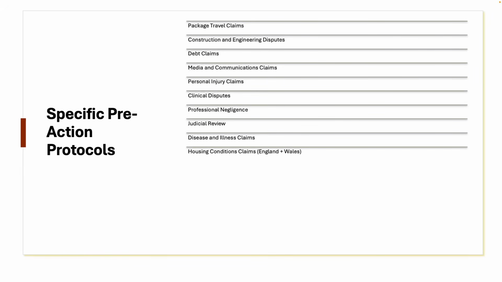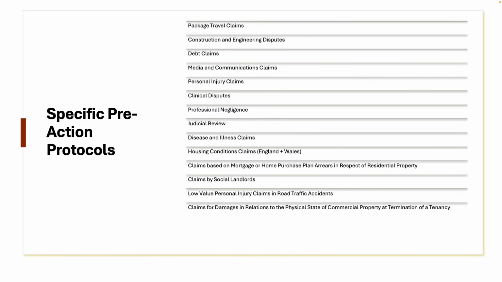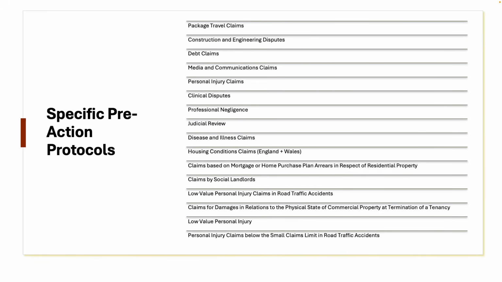Disease and illness claims, housing conditions claims specific to England and Wales, claims based on mortgage or home purchase plan arrears in respect of residential property, claims by social landlords, low-value personal injury claims in road traffic accidents, claims for damages in relation to the physical state of a commercial property at termination of a tenancy, low-value personal injury claims below small claims limit in road traffic accidents.